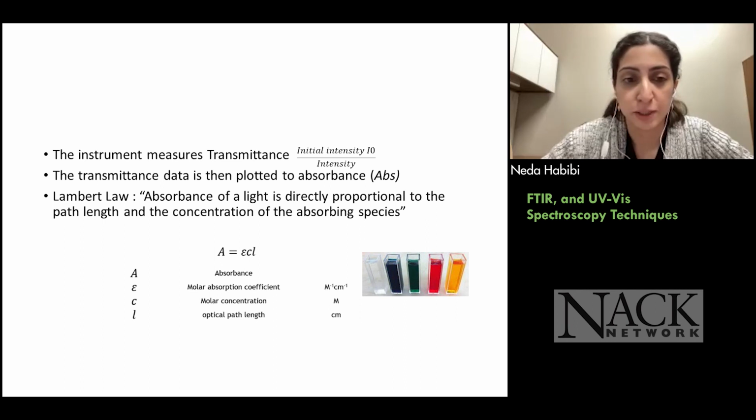So here you can see the Lambert-Beer law equation. A is the absorbance, epsilon is the molar absorption coefficient, C is the molar concentration, and L is the path length, which is the path length of the cuvette that we use to load our samples. You can see it in this picture.